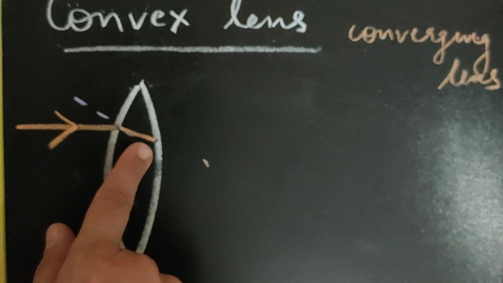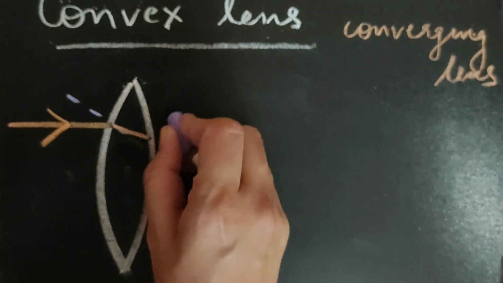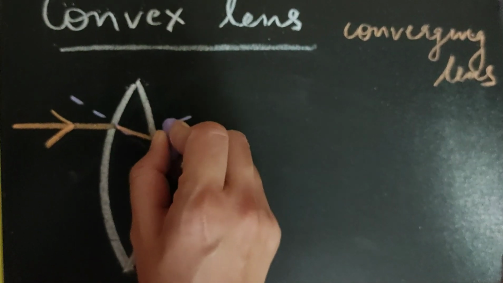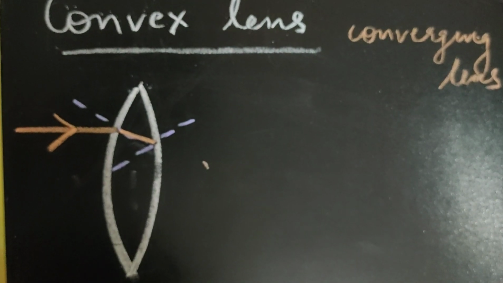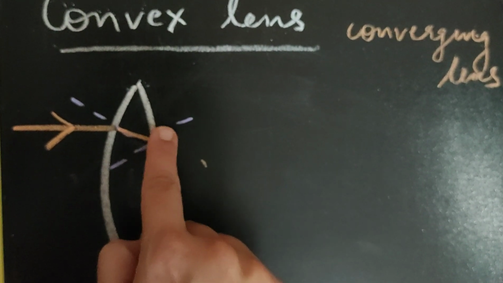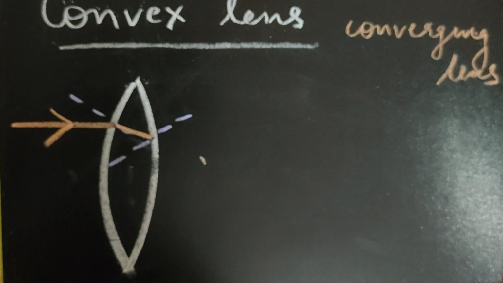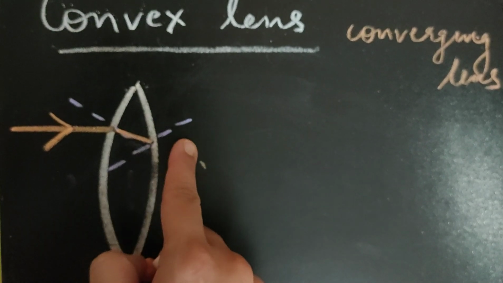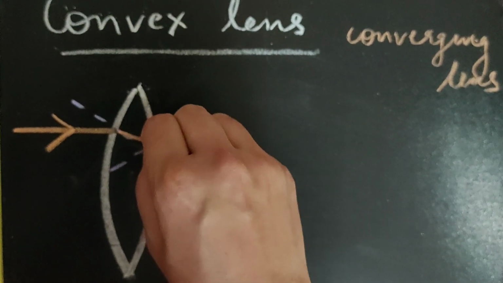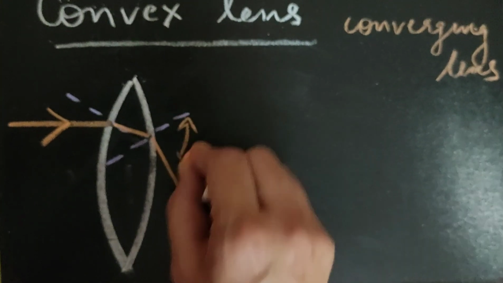This time the normal to this surface would be in this direction. And this light ray is going to go away from this normal, because it is going from a denser to a rarer medium. It is speeding up and it will go away from this normal.